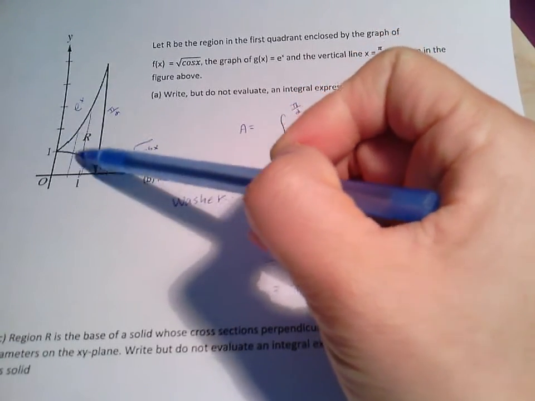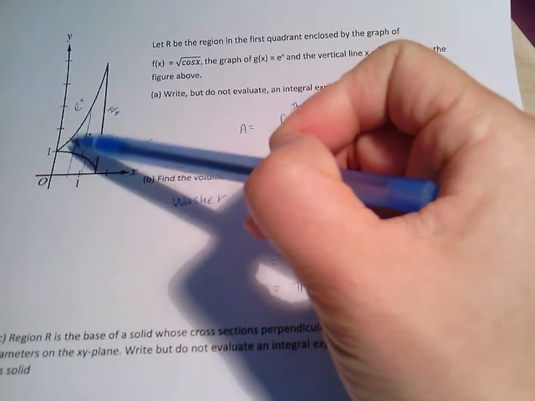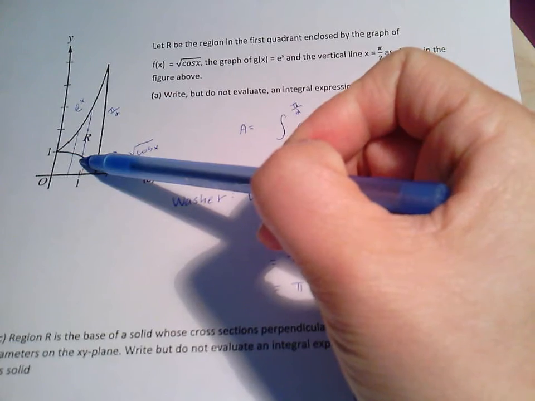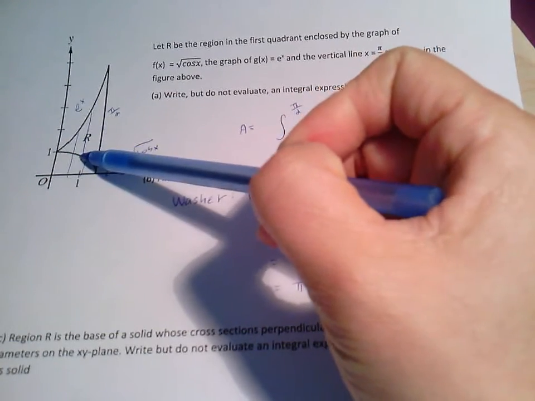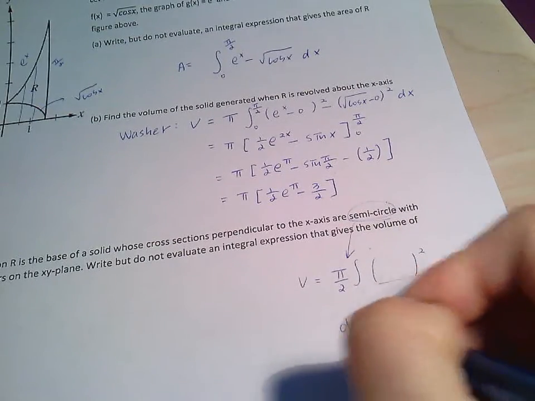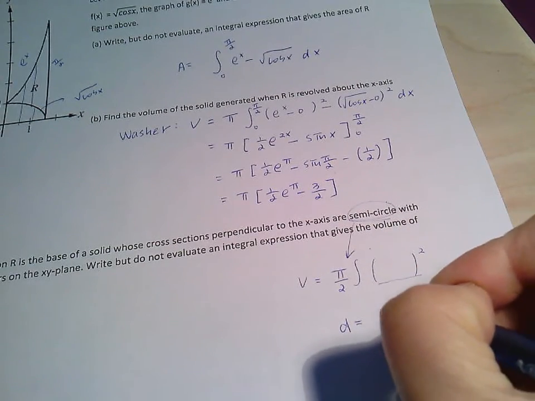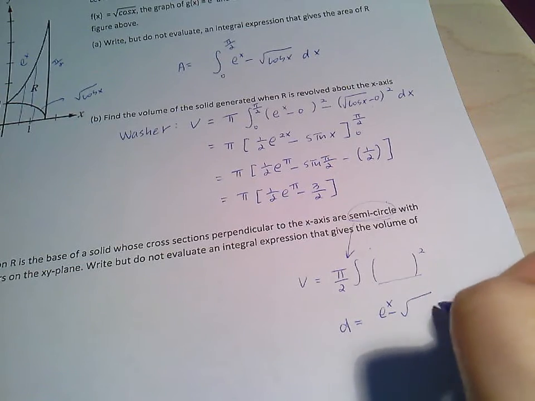So how does it look? It looks like this. This is a diameter, but we need a radius, right? So top minus bottom divided by 2 is the radius. The diameter is top minus bottom, e to the x minus root of cosine x.